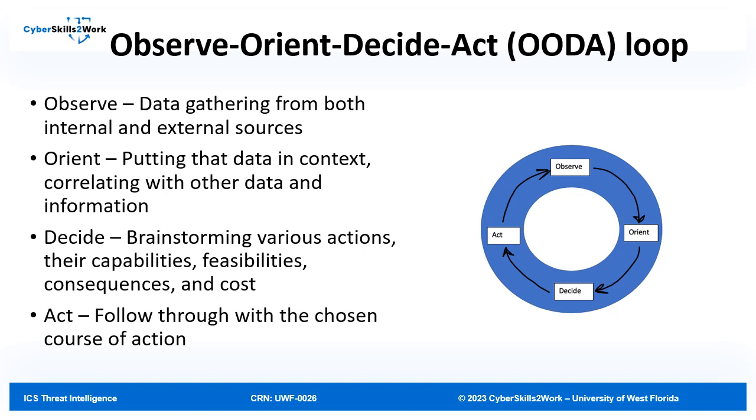Orient is putting that data in context, correlating with other data and information. Decide entails brainstorming various actions, their capabilities, feasibilities, consequences, and costs. And act is a follow through with a chosen course of action.